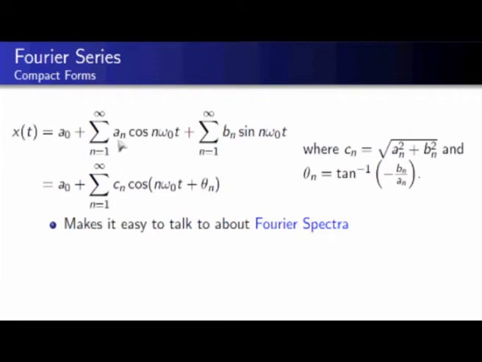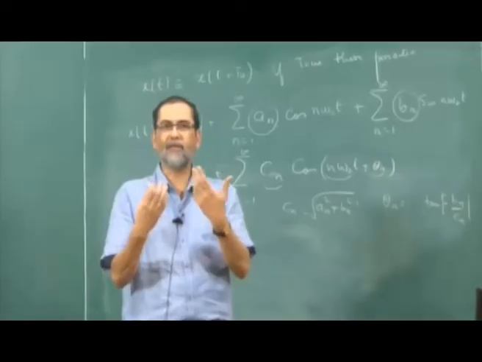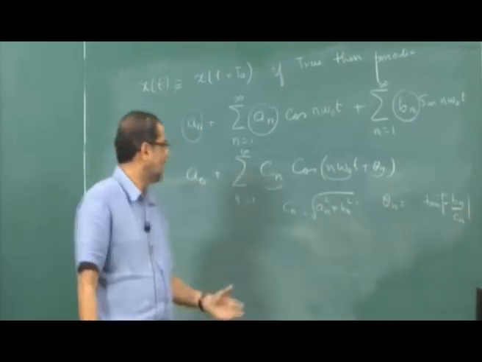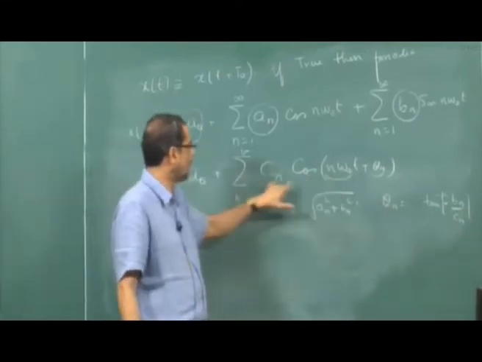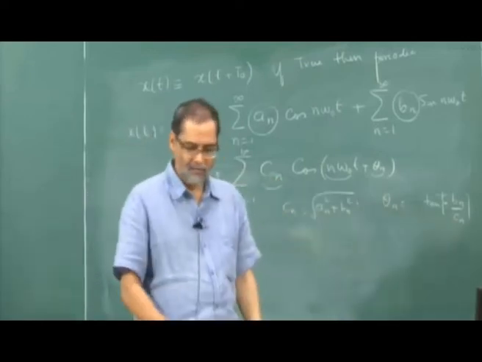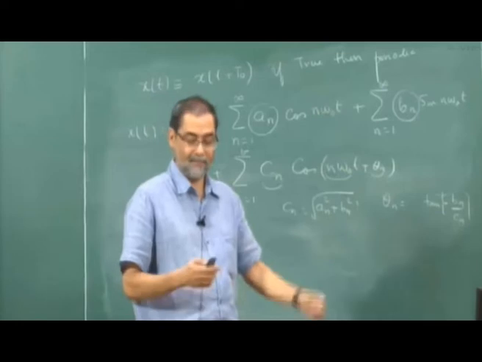This is called the spectrum. This frequency contributes so much. You all have studied about white spectrum in your optics class, different frequencies of light combined to give you the white color. So that's the notion of spectrum. How many frequencies are present and to what extent are they present. In this case, knowing the frequency, I can find its amplitude. I can talk in terms of what is called the Fourier spectra.